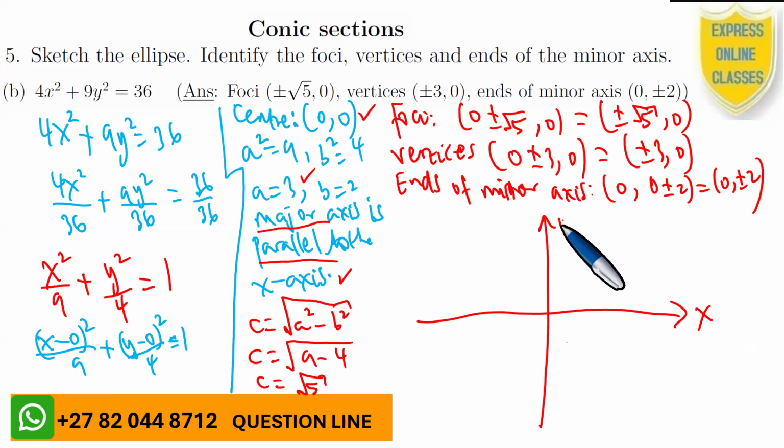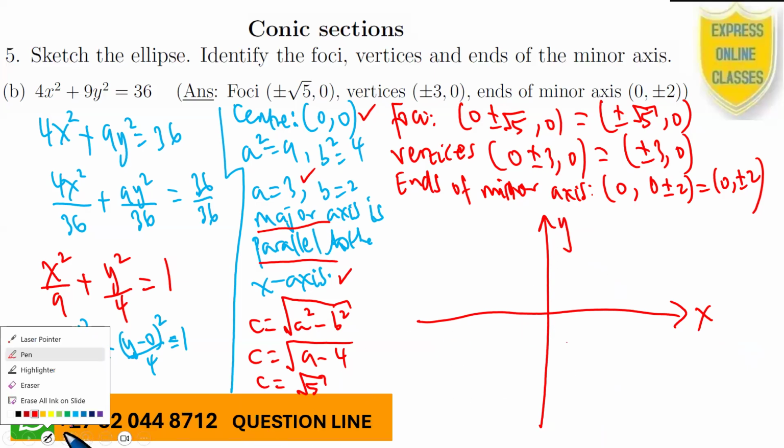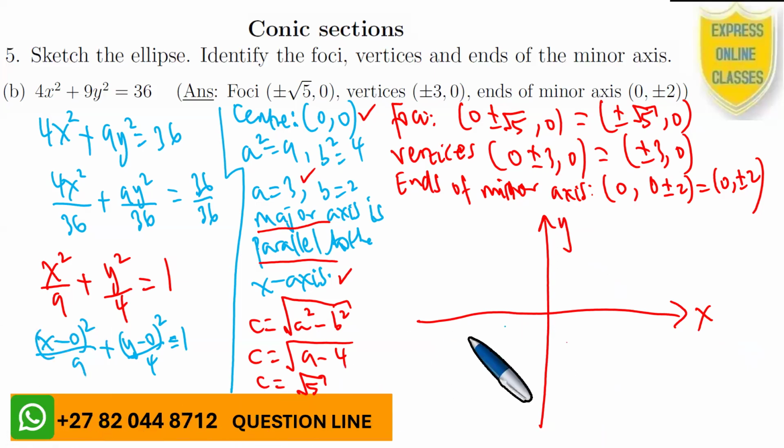Our x-axis and our y-axis there. And then you're going to have the vertices at -3 and 3. The major axis is parallel to the x-axis, meaning this is what you have.